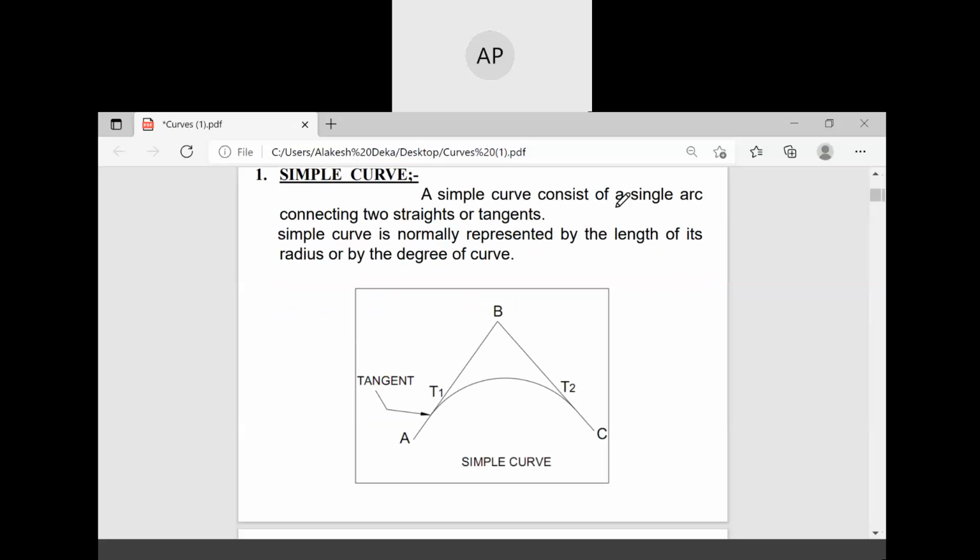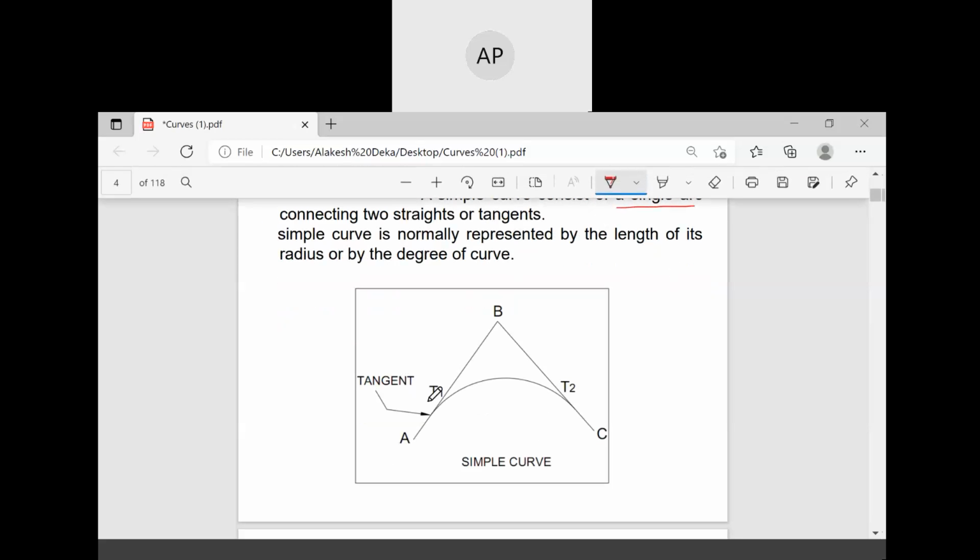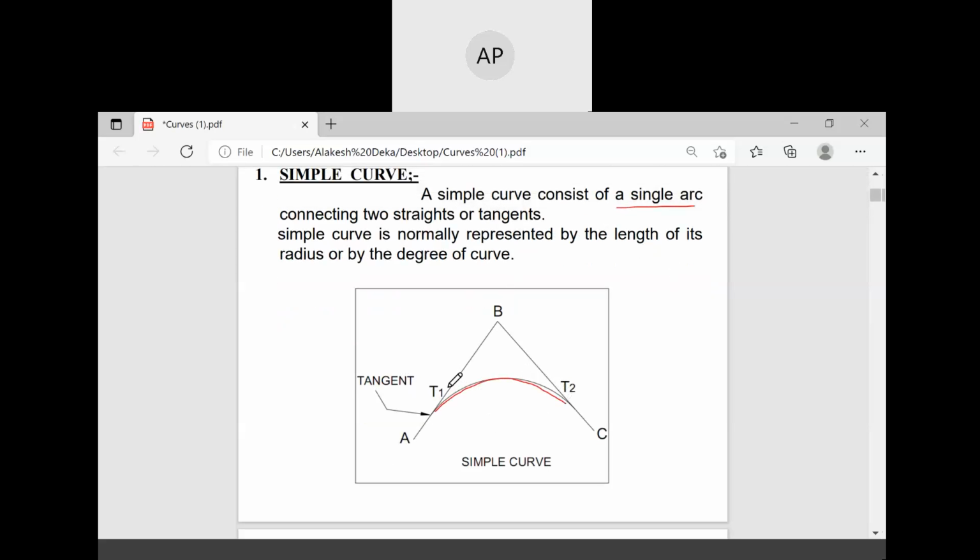A simple curve consists of a single arc. You can see in the figure, it has one single arc and two tangents, T1 and T2. Hello, ma'am, we can't see your screen.